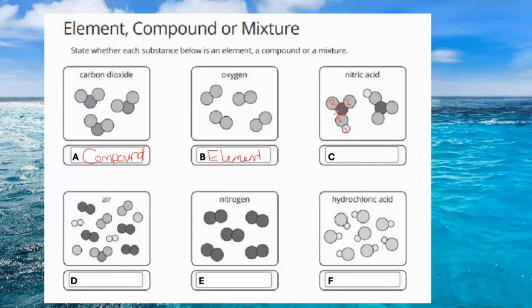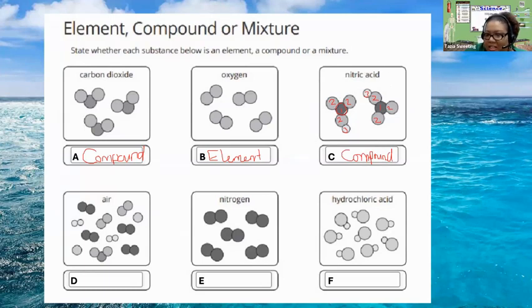Now, let's see. We know that this is a compound. So let's see if this container is all compound. Is this the exact same thing? Yes, ma'am, it is the exact same thing, just flipped around. So it will be a compound. It has to look the same in order for it to be a compound. In the container, everything has to look the same.